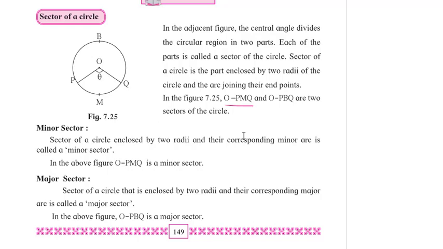A sector of a circle enclosed by two radii and their corresponding minor arc is called a minor sector. Arc length we already know: PMQ is the minor arc, so the sector formed by PMQ is the minor sector. If I shade, this portion is considered the minor sector and the remaining portion is considered the major sector.